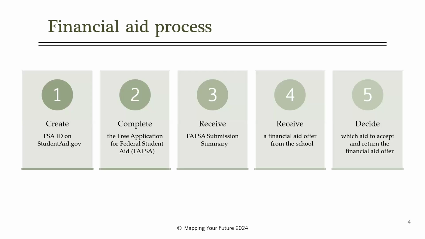That usually arrives at some point in the spring and or early summer. It just depends on how soon you get the FAFSA submitted, as well as how many other applications the school has to go through. And then lastly, you'll decide which aid to accept and return your financial aid offer or award letter. You may have to confirm it online. It just depends on which school you're going through.